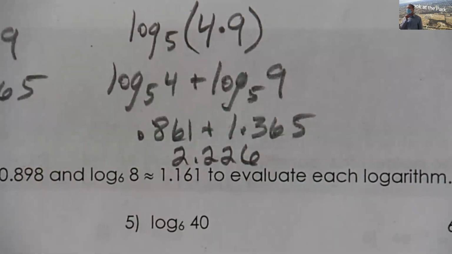So there are steps, there are things to show for us to be able to come up with that calculation. We don't just write the decimal. We have to show our steps for where those calculations came from.